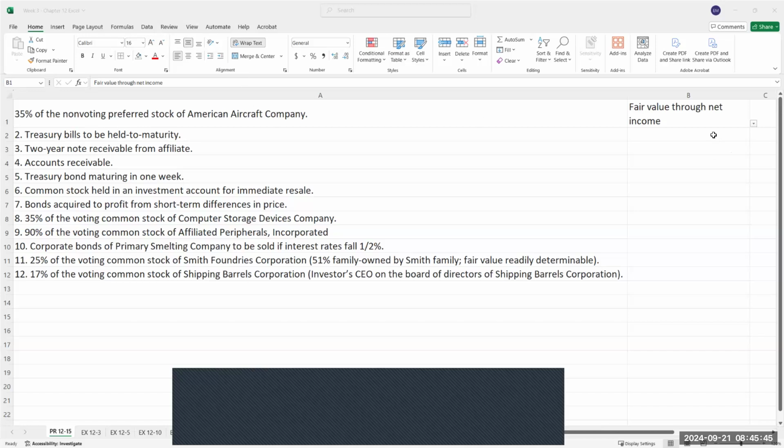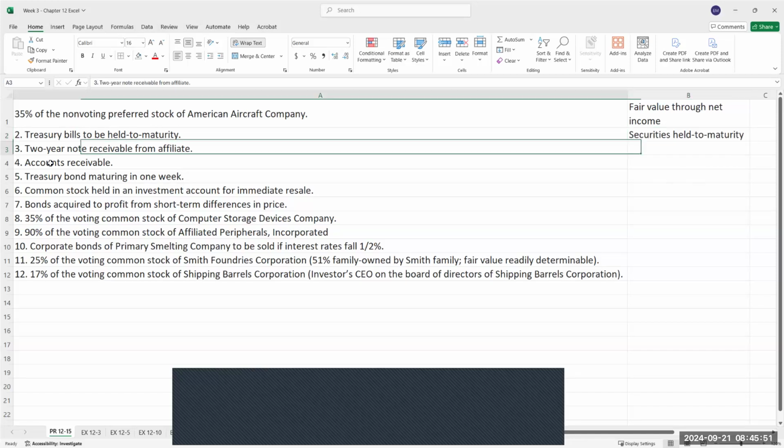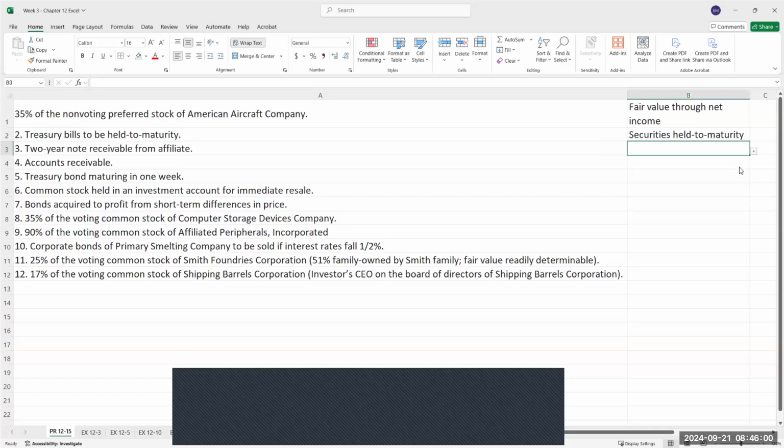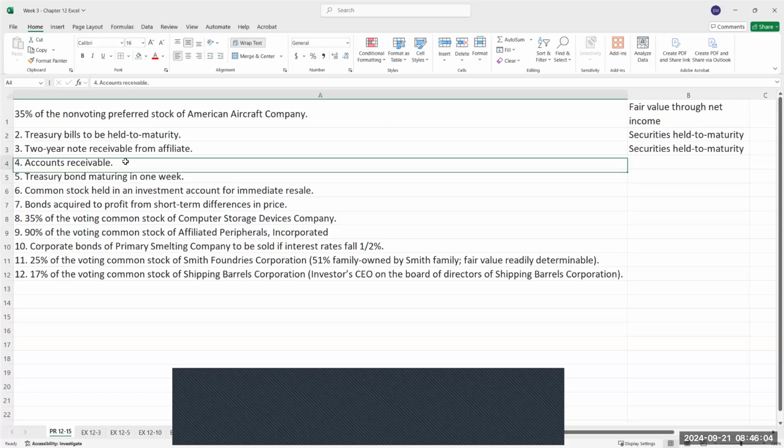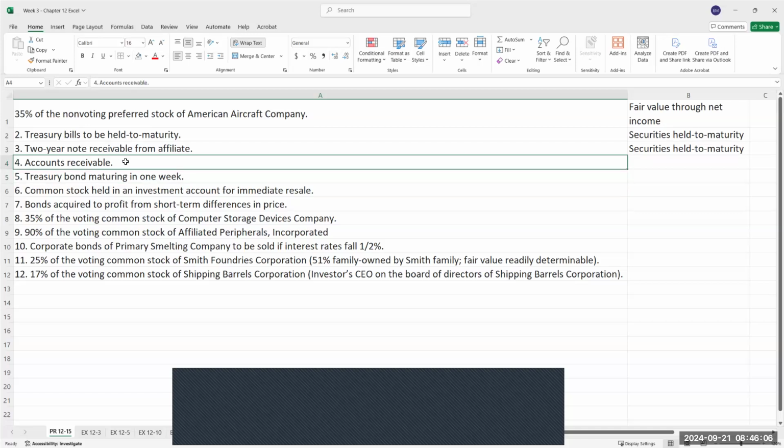So we have treasury bills held to maturity. It tells us right in the wording, securities held to maturity. Then we have a 2-year note receivable from an affiliate. We're going to hold this until maturity because we want to receive the note from an affiliate. So this is considered securities held to maturity. Next, we have accounts receivable. Accounts receivable does not represent a debt or an equity investment.